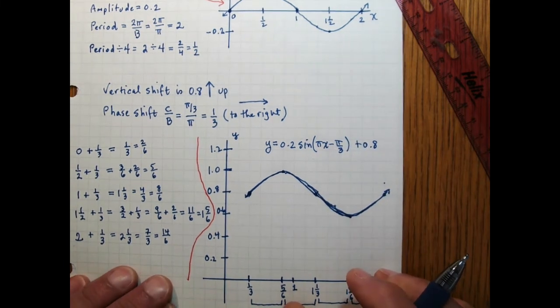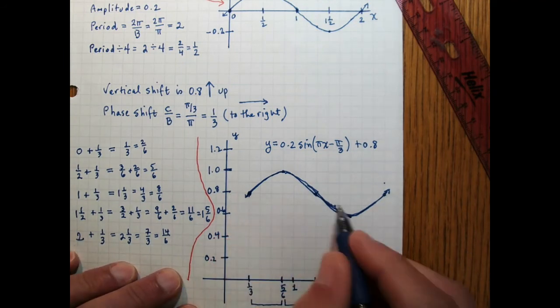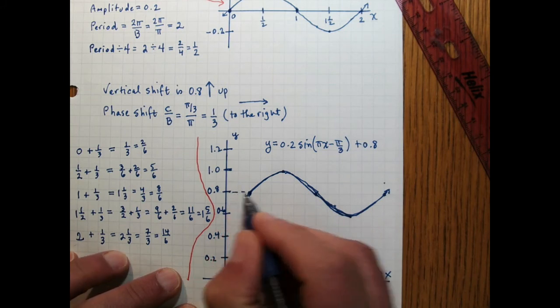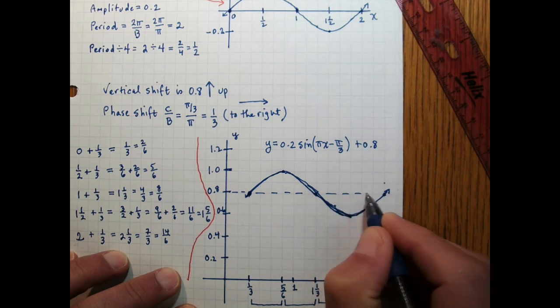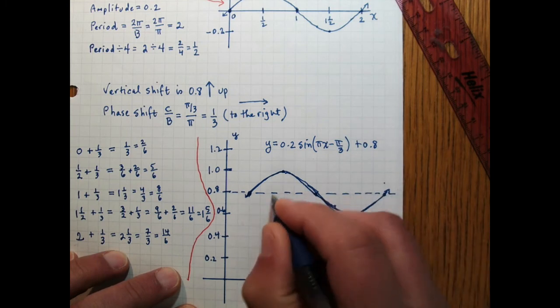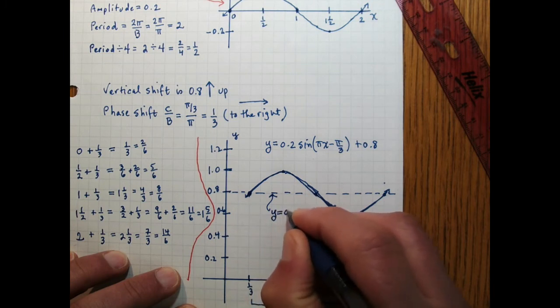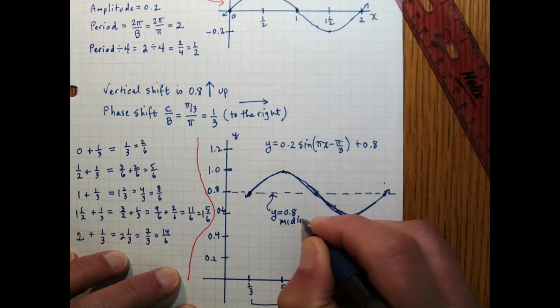And just a couple other things. We're done with our graph, but I just want to point out a couple aspects. That horizontal line through 0.8, which cuts right through the center of our graph, its equation is y equals 0.8. We call that the midline.